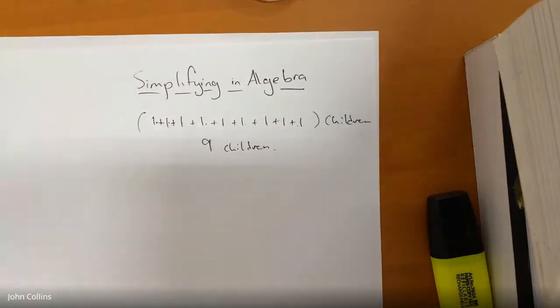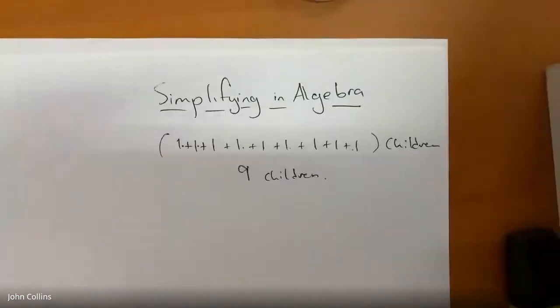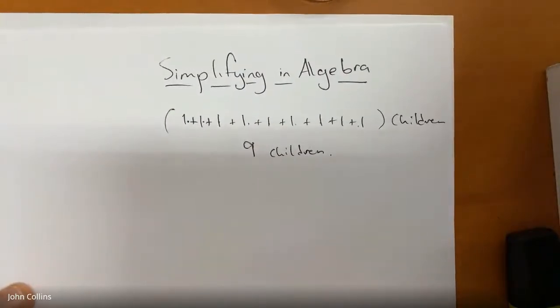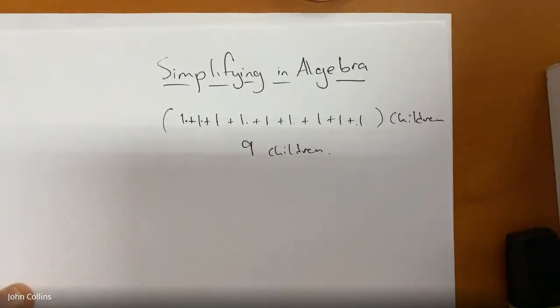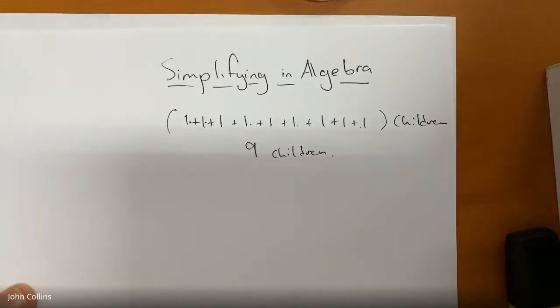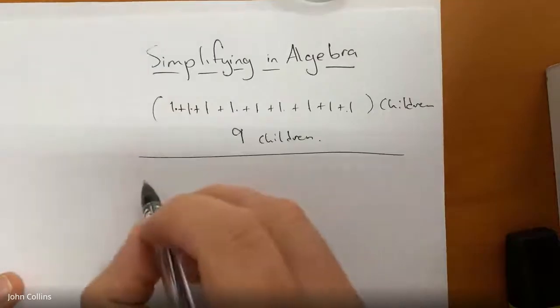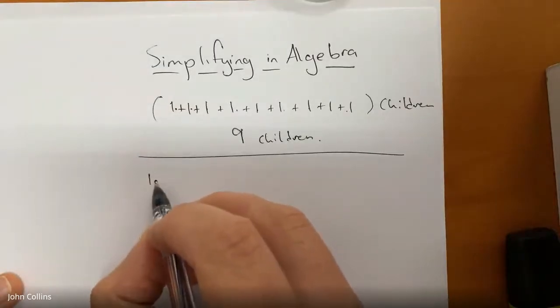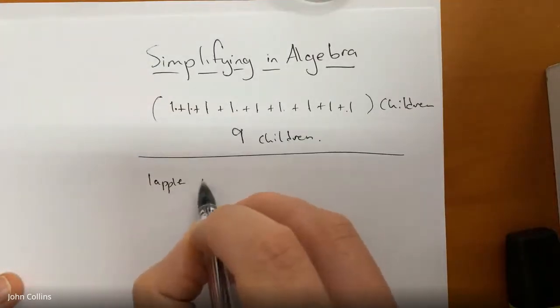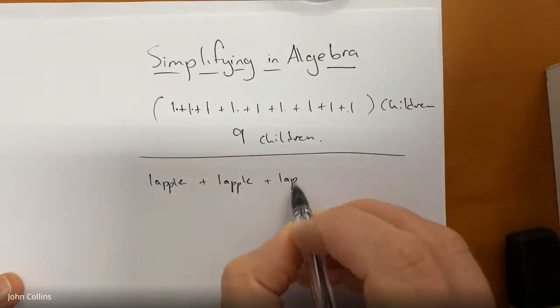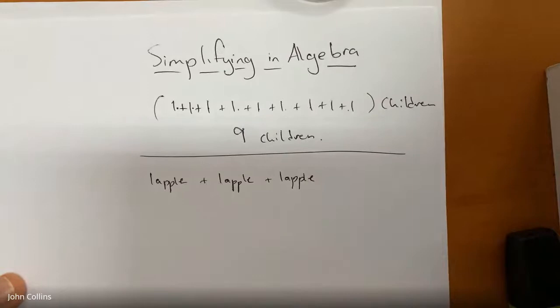So this will focus a little bit more. That's in essence simplifying. So for something similar, we could use apples. If you want to say you have 1 apple plus 1 apple plus 1 apple, and you leave the house with 1 apple plus 1 apple plus 1 apple, no one talks like that.